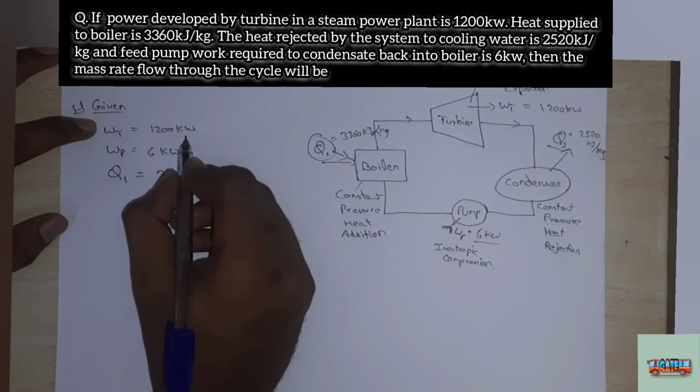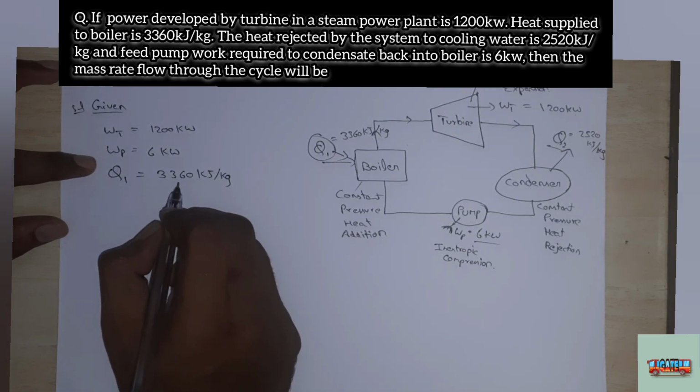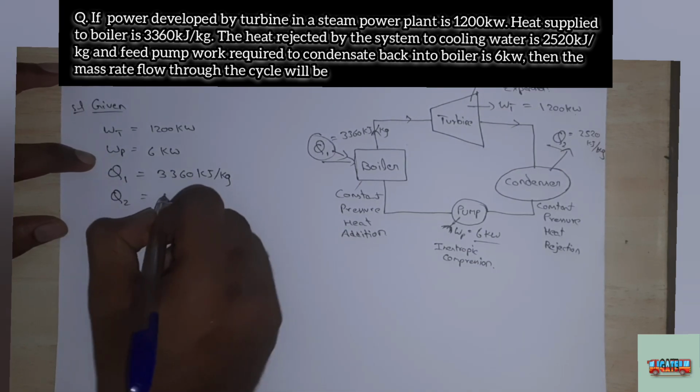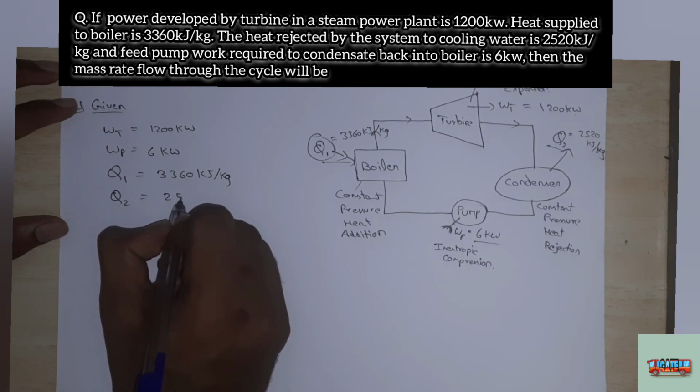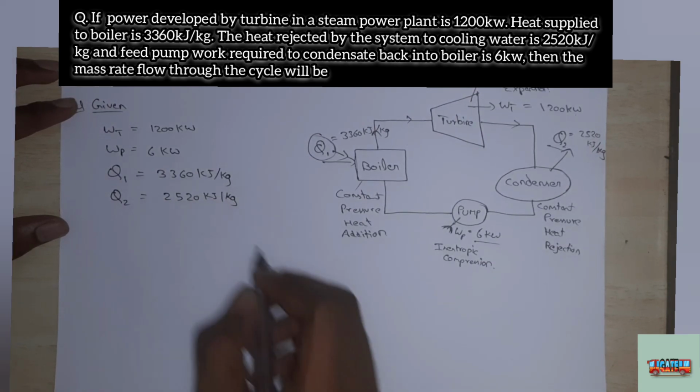So WT is 1200 kilowatt, WP is 6 kilowatt, Q1 is 3360, and Q2, amount of heat rejected, is 2520 kilojoule per kg.